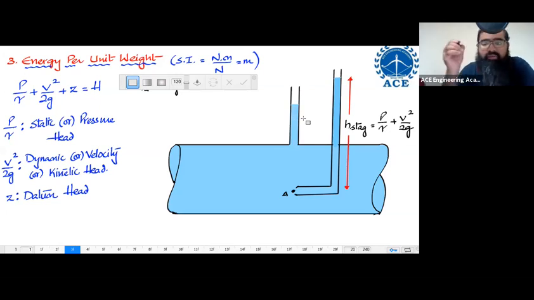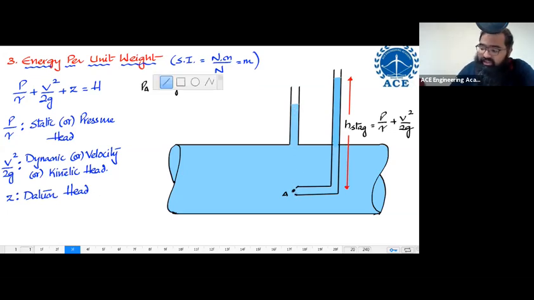Now, you might have a question, why is the fluid rising up till this particular level? The reason for fluid to rise up till this particular level is it has to maintain the static pressure at this particular point. Recall, this point is already having some static pressure initially. To maintain that static pressure, the fluid has to have some head over here.